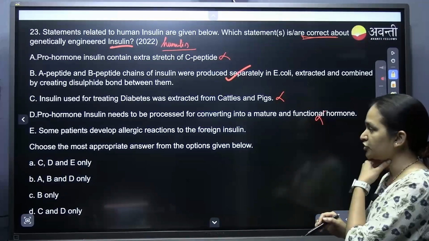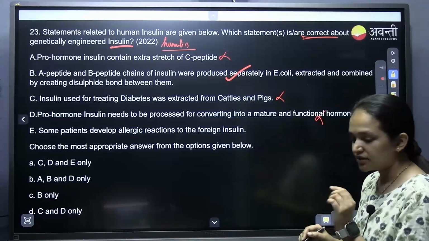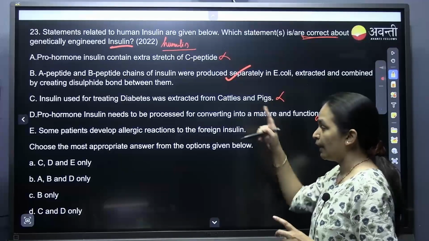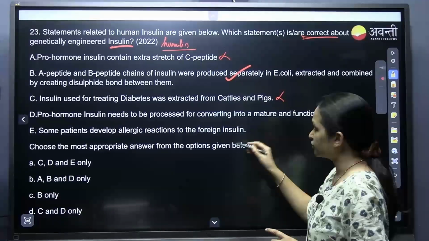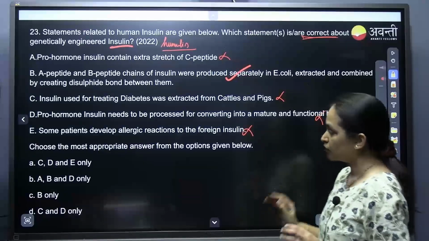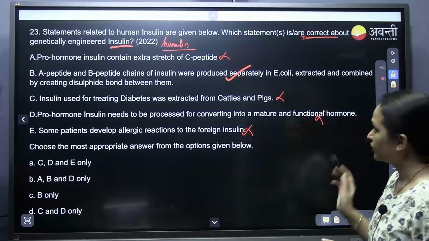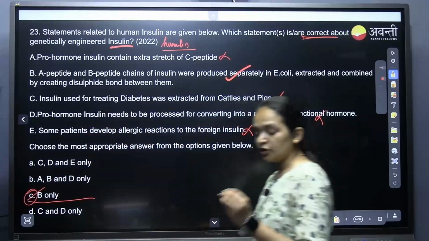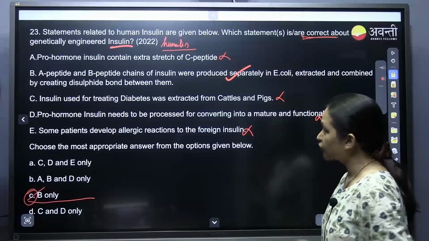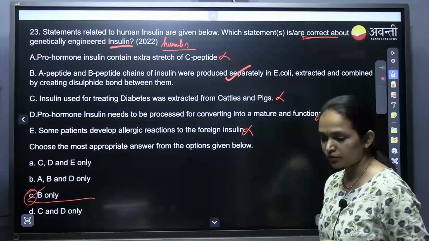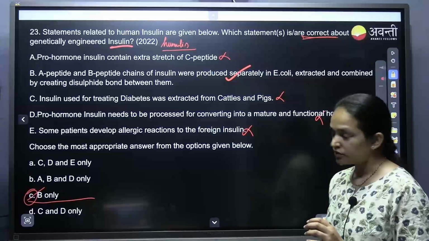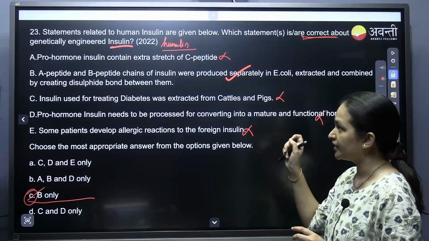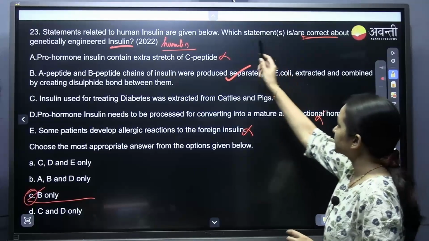Some patients develop allergic reaction to the foreign insulin. As a statement, this was true, because the insulin was from cattle and pigs. But with respect to genetically engineered insulin, this is also wrong. So, only B is correct. Understanding? This is a really good 2022 PYQ, because we need to read the question very carefully.